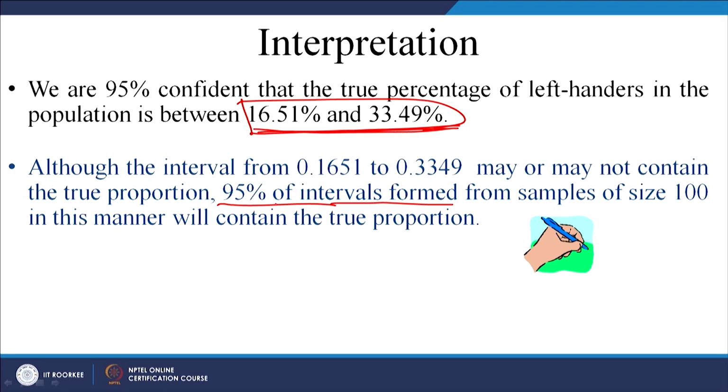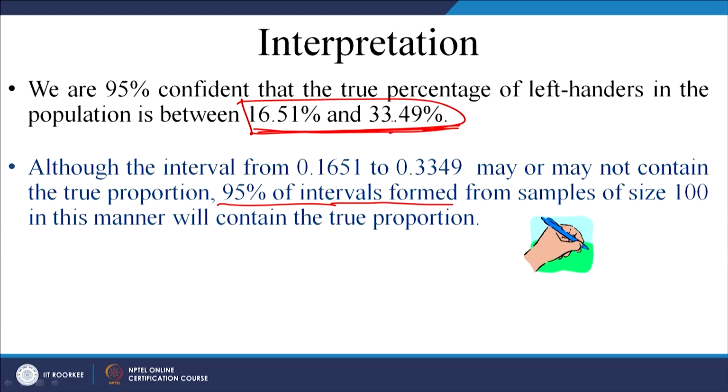This is the meaning of a 95% confidence interval. It is not necessary that the population proportion in the first sample would be in this range, or in the second sample it would be in this range, but 95% of the intervals so formed will have the population proportion.